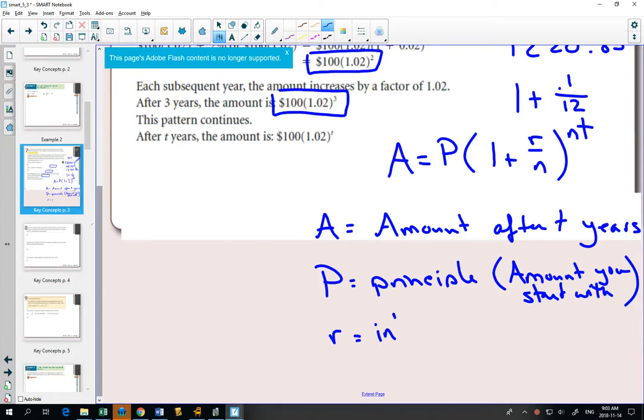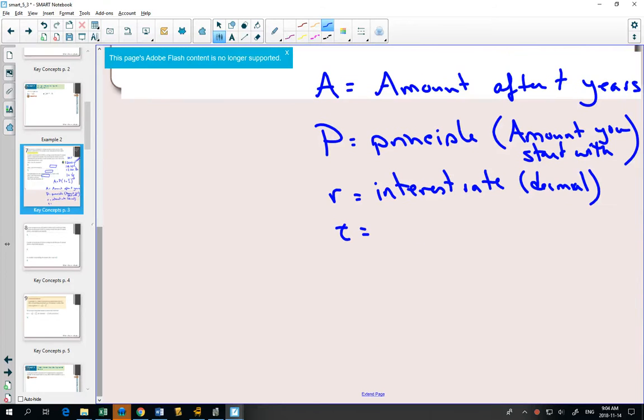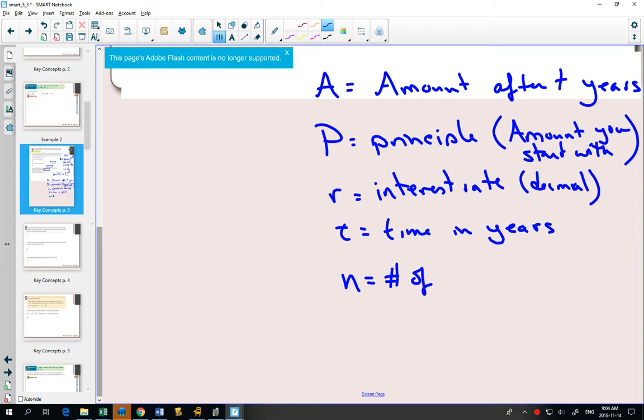R is your interest rate as a decimal, not as a percentage. So if it's 5%, you would change it to 0.05. T is the time in years, and N is the number of compounding periods per year.